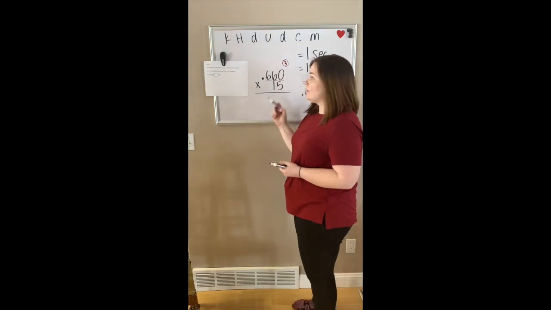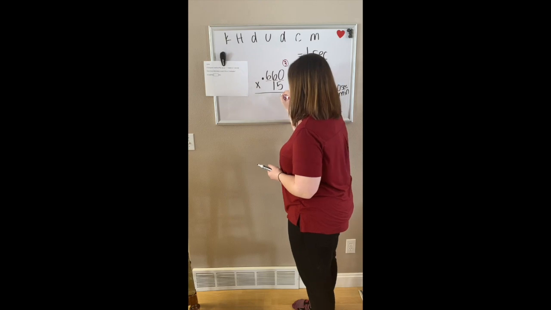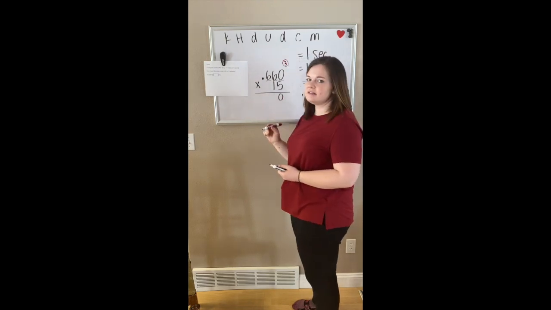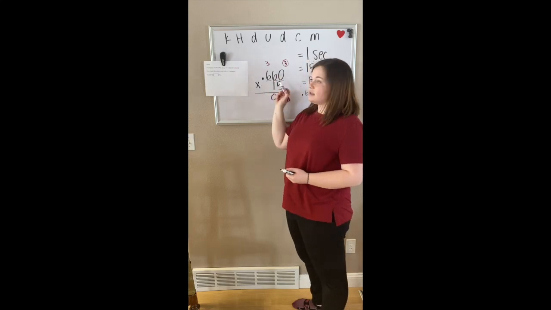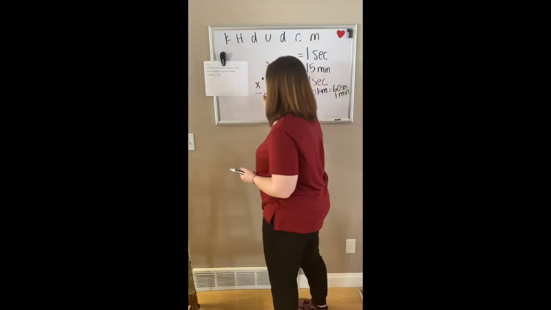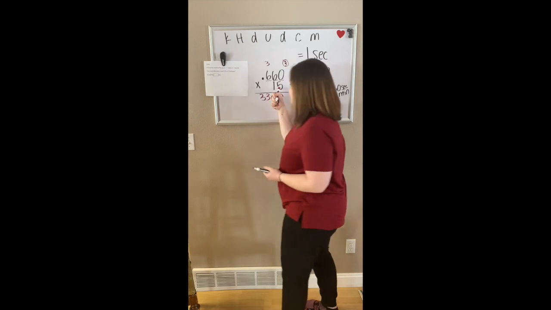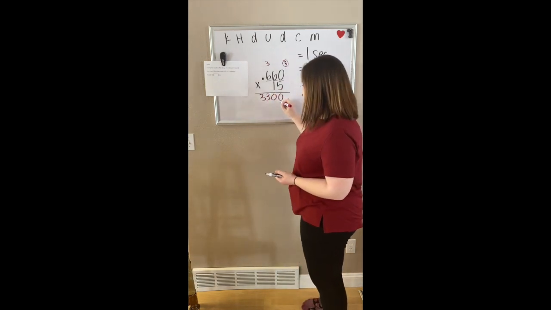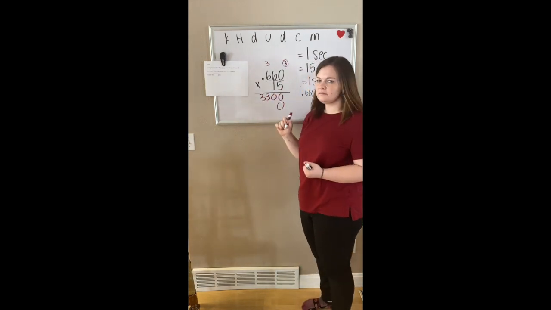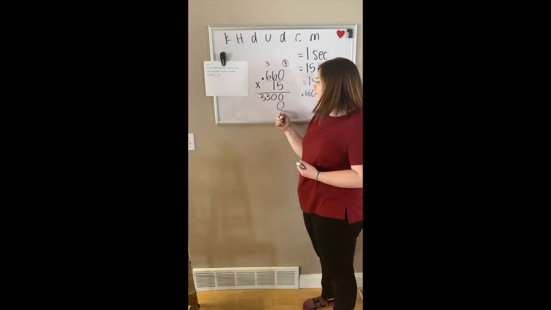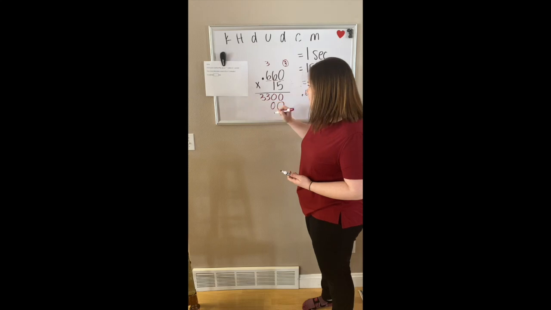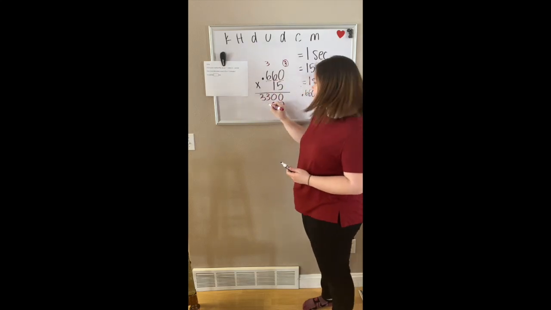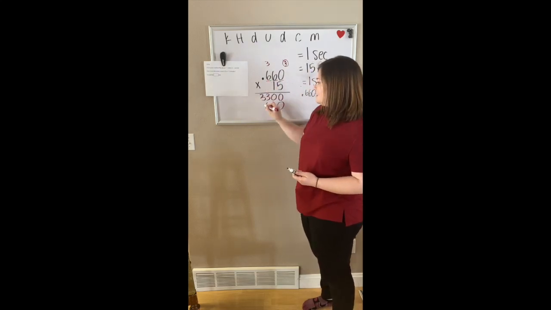So now I just solve it. 5 times 0 is 0. 5 times 6 is 30, so I put a 0 and I carry my 3. 5 times 6 is 30, plus 3 is 33. Now because I'm done with the 5, I have to put a place value holder down here. My place value holder is always 0. Now I move on. What's 1 times 0? Oh, that's 0. What's 1 times 6? That's 6. 1 times 6 is 6.